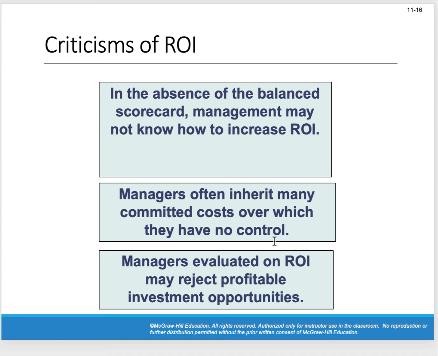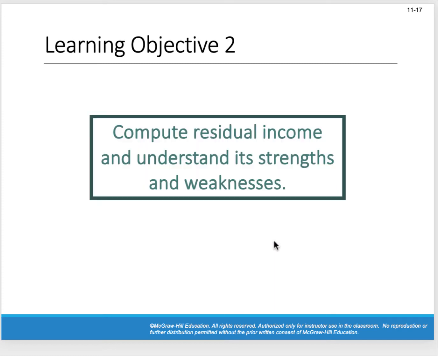Another problem or criticism of ROI, if we just use ROI to evaluate investment decisions, should we invest in a project? Should we invest in a new piece of machinery? Whatever. It's possible that managers might reject profitable investment opportunities just solely looking at return on investment.